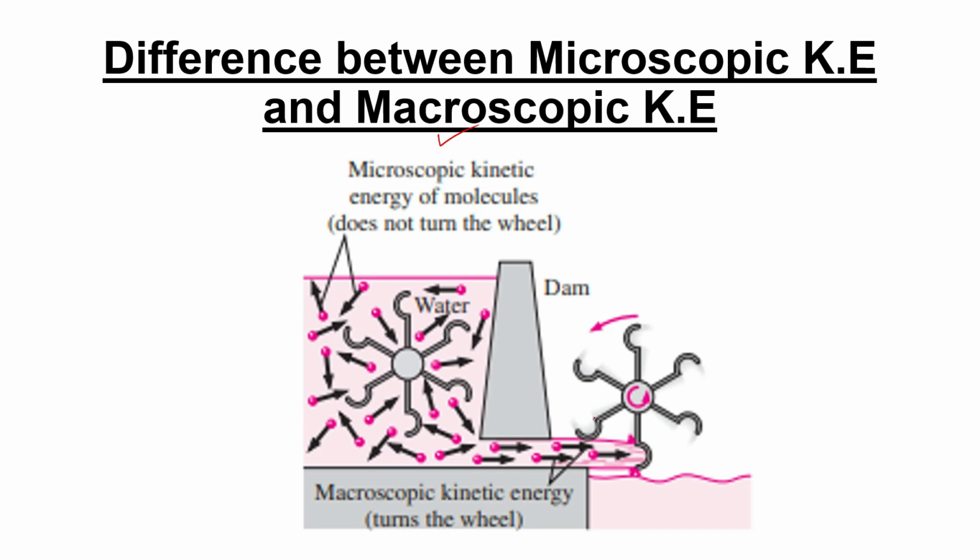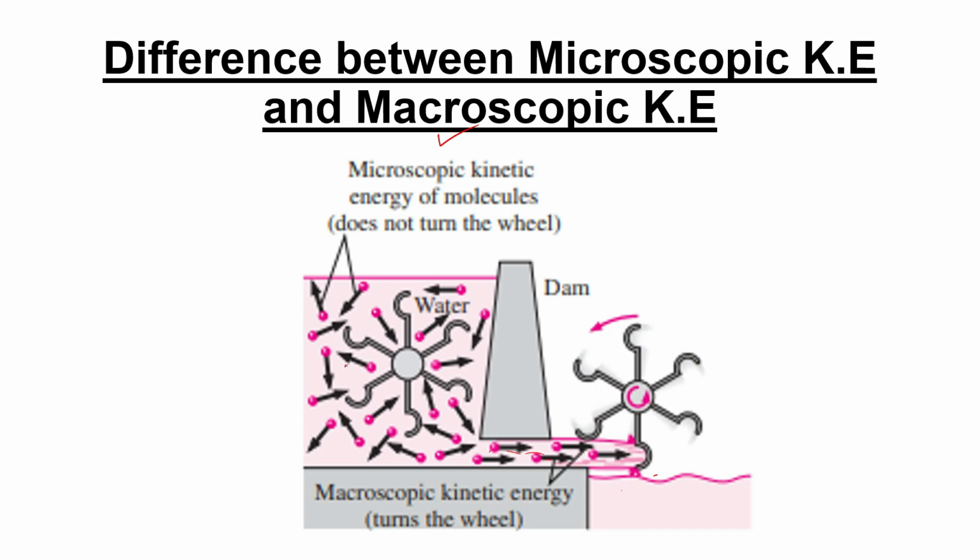The paddle wheel at the downstream easily rotates because of the motion of these water molecules. The water molecules coming out possess macroscopic kinetic energy, and since it is all in the same direction, it can easily rotate the paddle wheel.